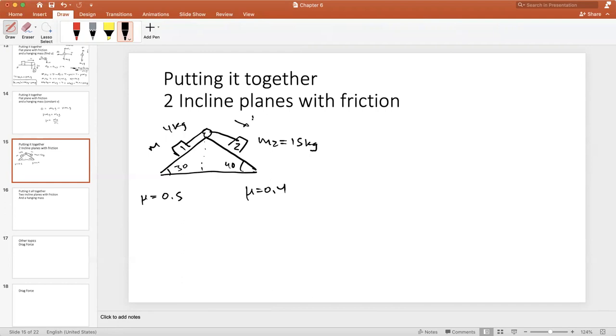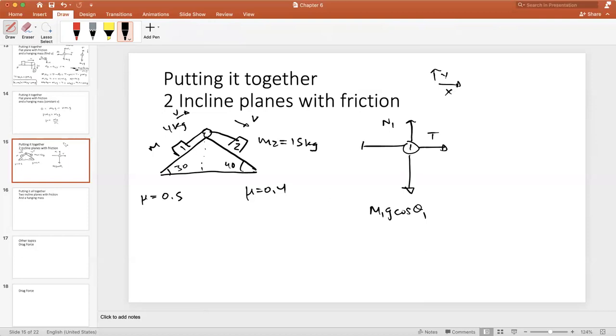So I'm going to tell you that this thing's going to go this way and this way. For both of these, we're going to consider y to be up positive and x to be that way positive. So N1 is M1G cos theta 1, where theta 1 is 30. It's going to have a tension. This is number 1.